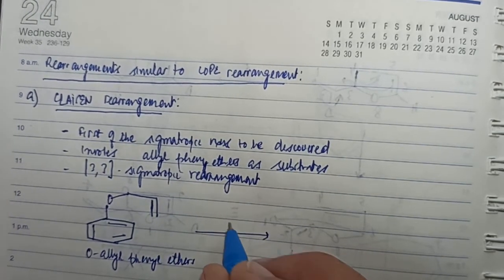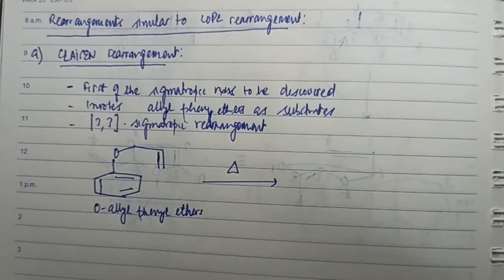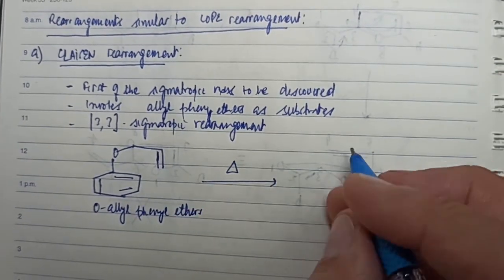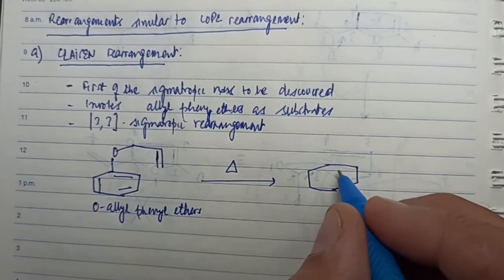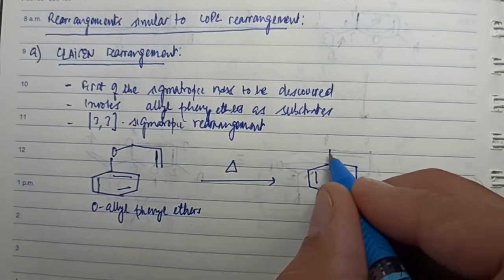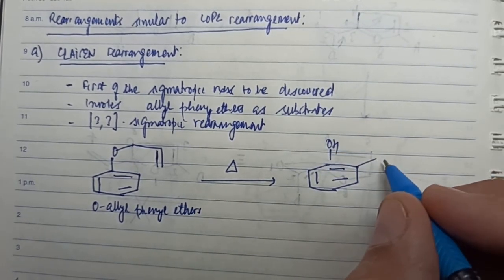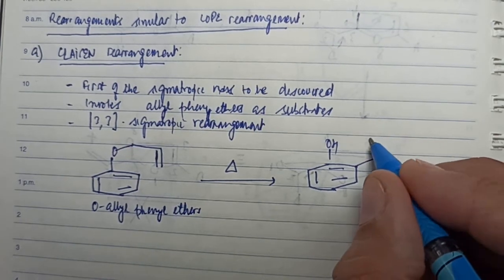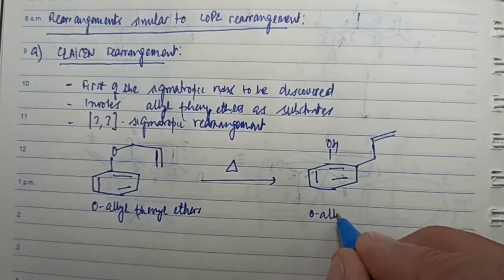This undergoes a thermal rearrangement of the order similar to that of the Cope rearrangement and results in the formation of ortho-allyl phenols, this one, as the product. As the product of the Claisen rearrangement, ortho-allyl phenols.